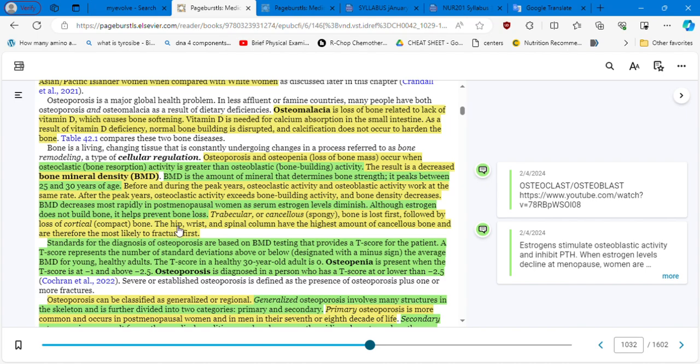The hip, wrist, and spinal column have the highest amount of cancellous bone, meaning the highest amount of trabecular bone, and therefore are the most likely to fracture first.